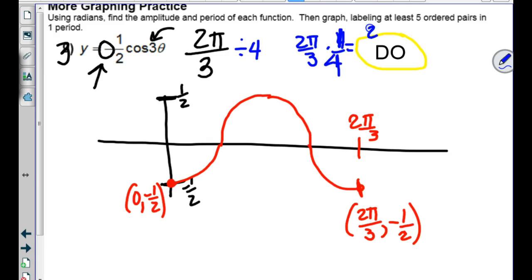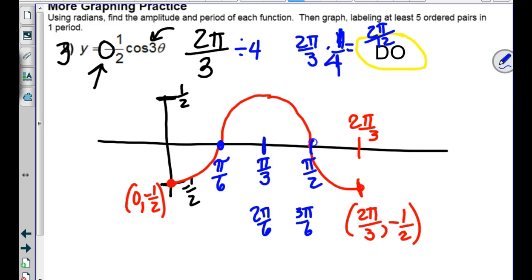So it's 2 pi over 12, which would be pi over 6. So this is 1/6. What's 2/6, guys? Yeah, so the maximum here is 2/6 or pi over 3. And then the next one is 3/6, which is what?